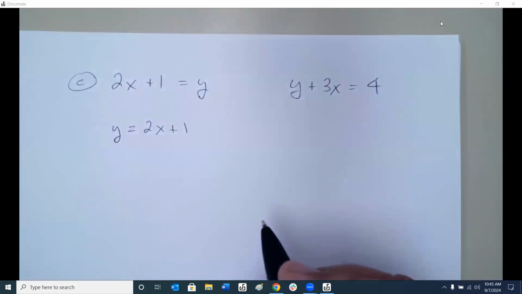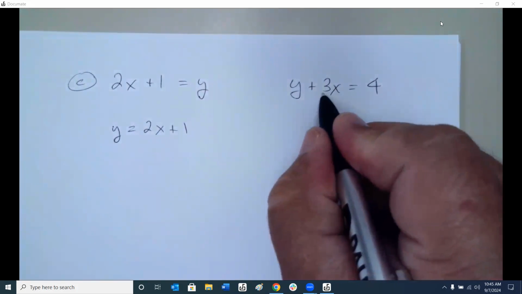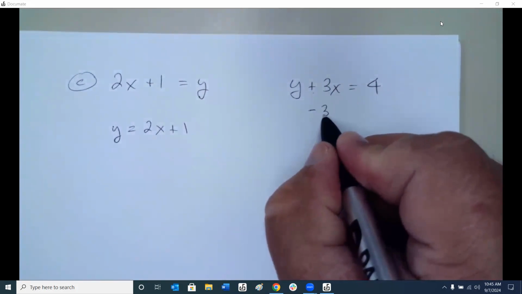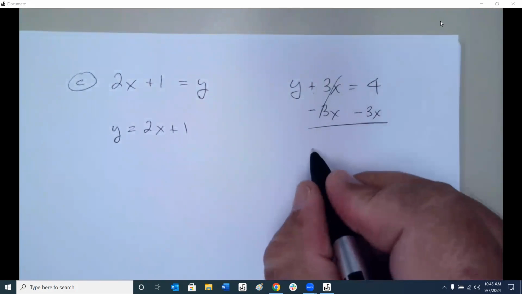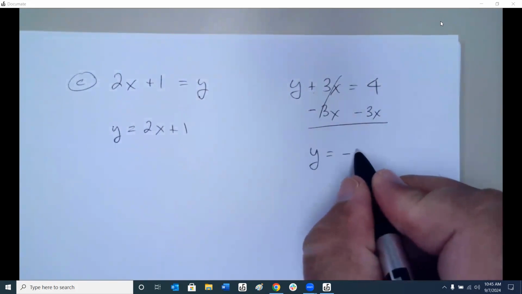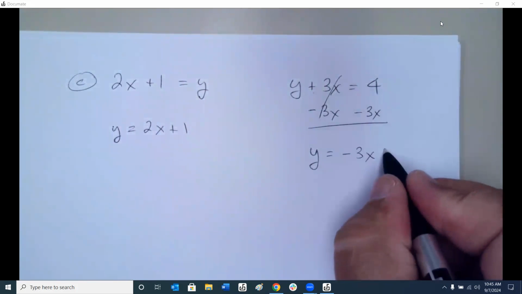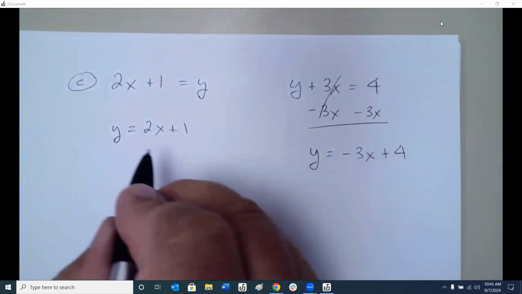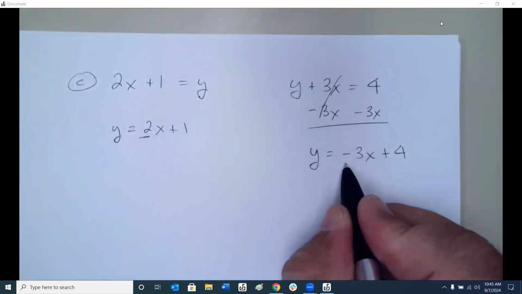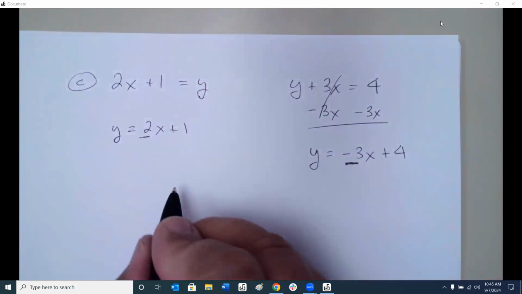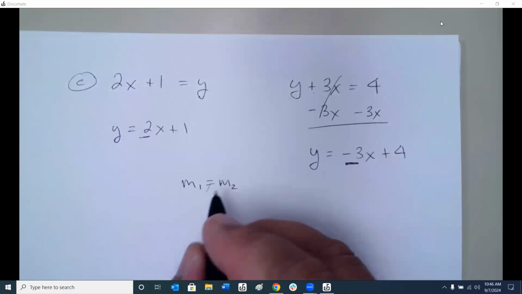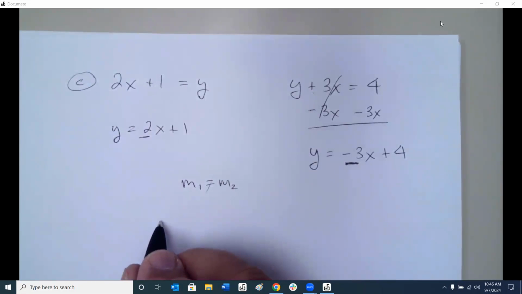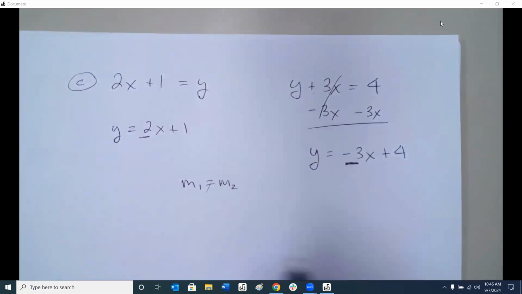Just move it around. This one, you just have to get rid of the positive 3x, which is negative 3x. So y equals negative 3x plus 4. The slopes are 2 and negative 3. They're not equal to each other. So they're just two lines that cross at one place.